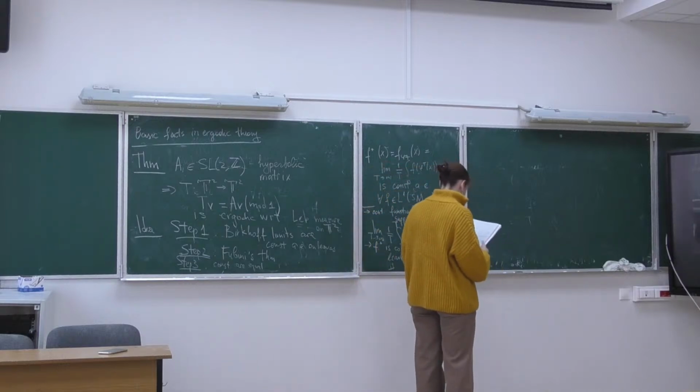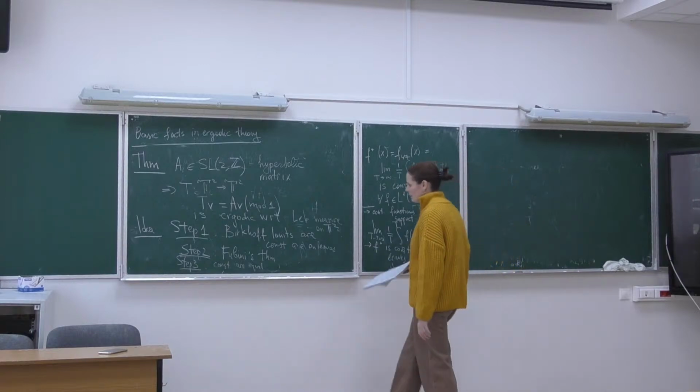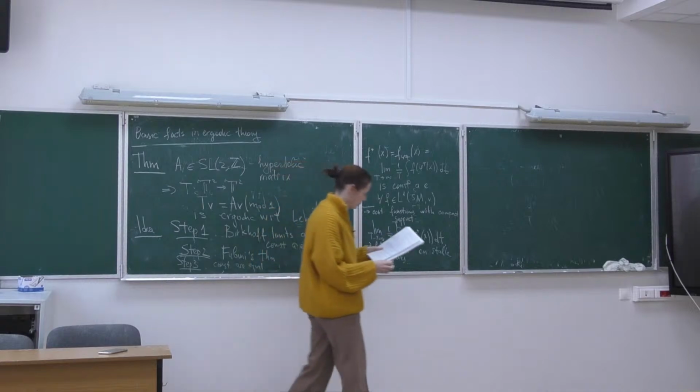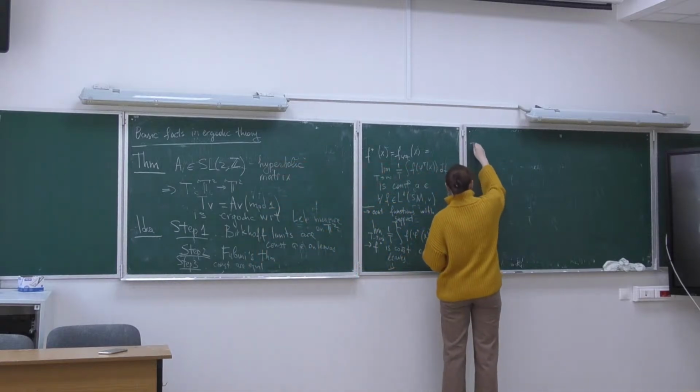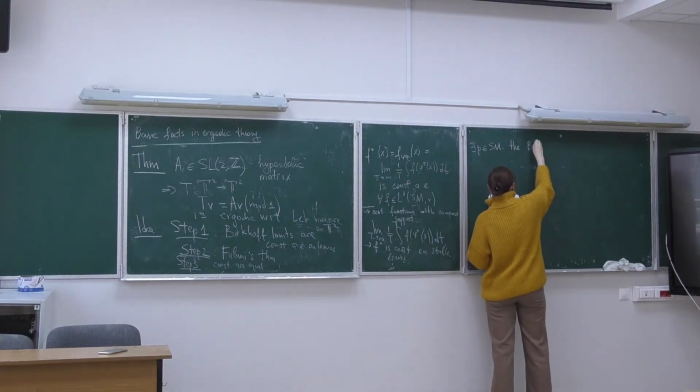So, since we know that the limit should exist almost everywhere, in particular it should exist at least in one point. So we take a point P such that the Birkhoff limit exists.